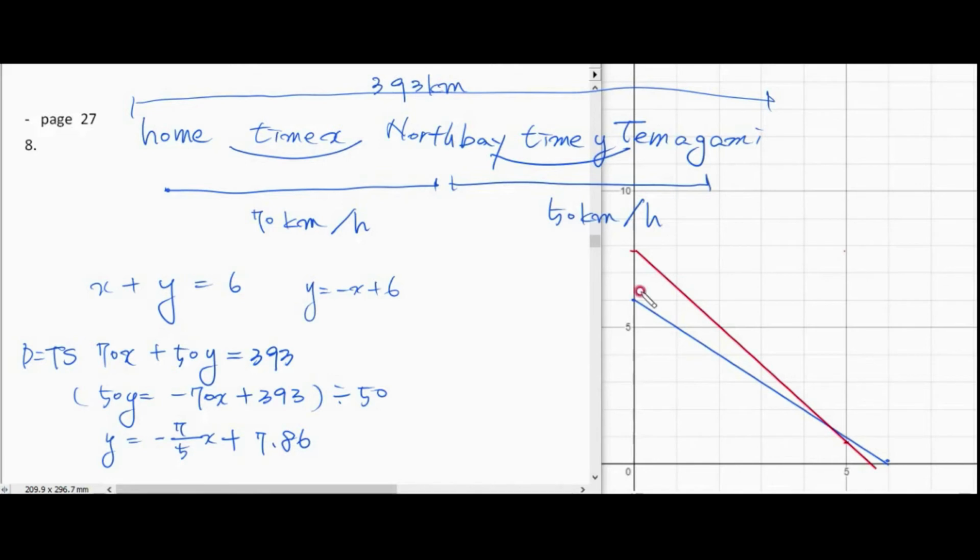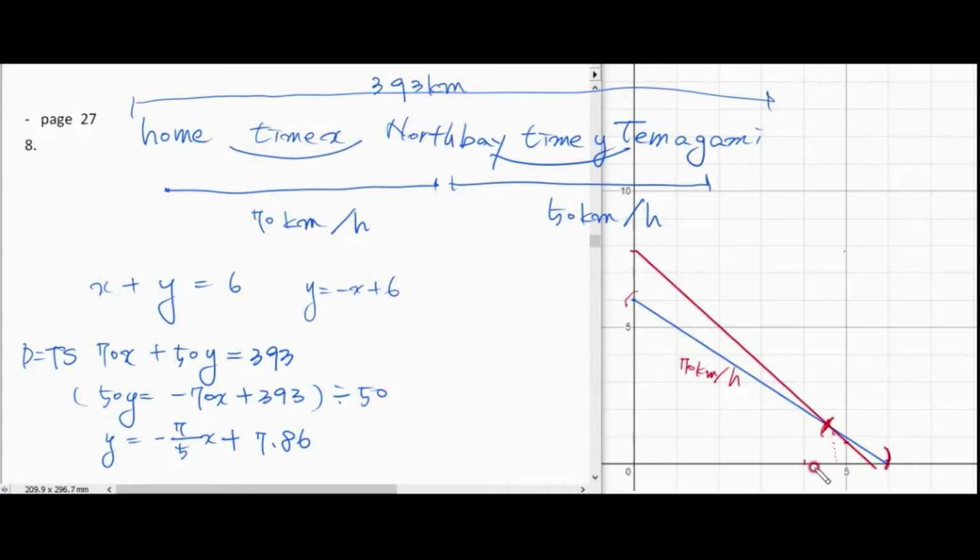And then, so he drives 70 kilometers per hour from here, Ottawa, to North Bay until here. And from North Bay to Temagami, he drives 50 kilometers per hour. And right here, it took 6 hours, the whole drive.